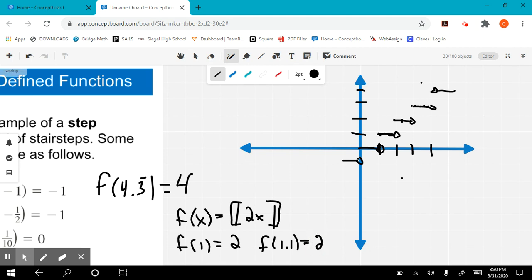Now the difference here is because I'm putting 2 there, once I get to f of 1.5, 1.5 times 2 is 3 without a decimal, so it is now 3. Basically these little lines are going to be cut in half, because once I get to 1.5 here, it hops up to 3.